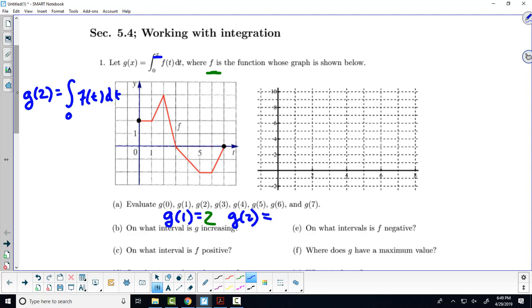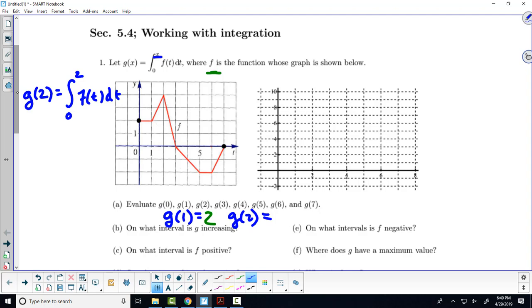On the x. At the upper limit of integration. In this problem, the lower limit of integration is always fixed at 0, but the upper limit of integration varies. So what does this say? This says find the area underneath the curve of f from x equals 0 to x equals 2.